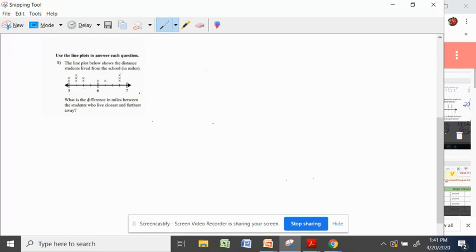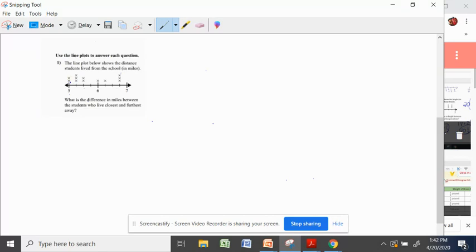So my question is, what is the difference in miles between the students who live closest and furthest away? Now remember, the question is asking for the students, so the total number of miles.